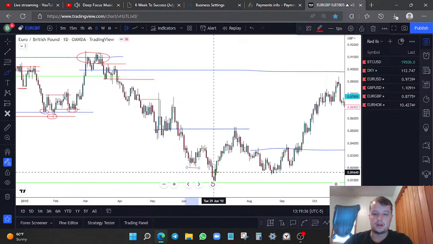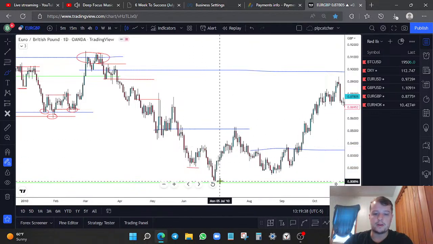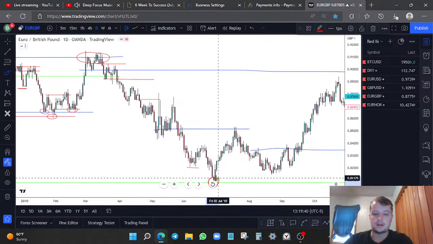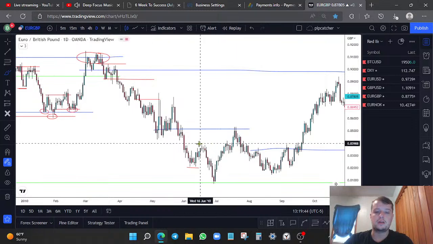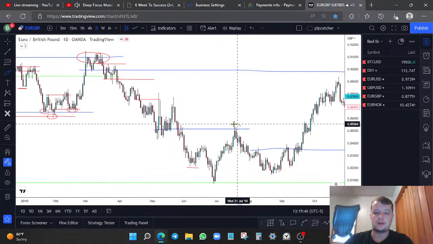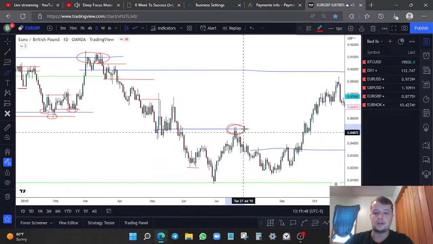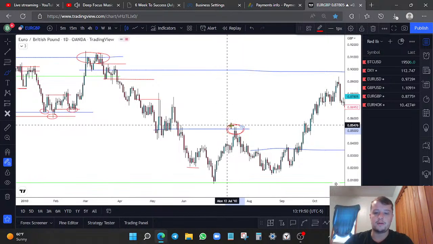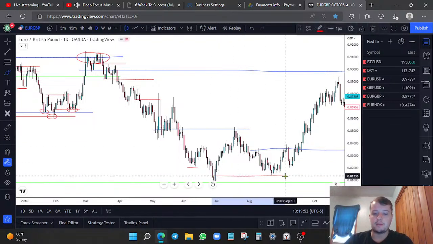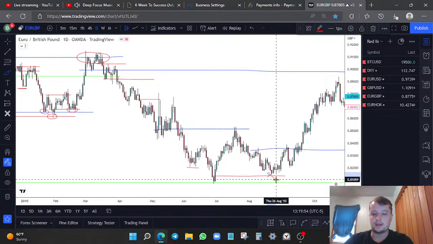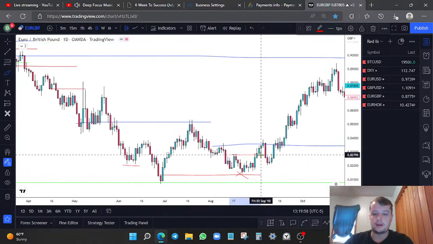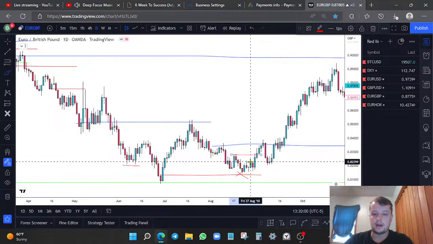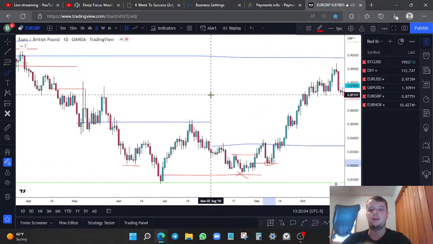Liquidity captured from this move down, rejects off of that monthly point of interest, breaks structure back up into this weekly point of interest. Does it come back down? No, it doesn't give us a setup. But look at what happens here. We have a break of structure here, and price retraces back into this area.